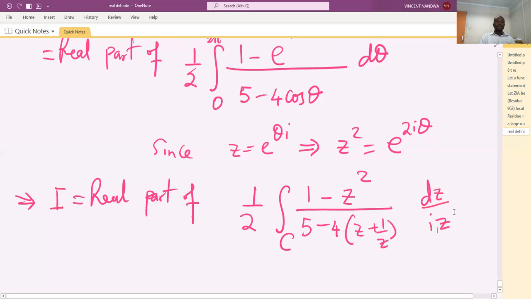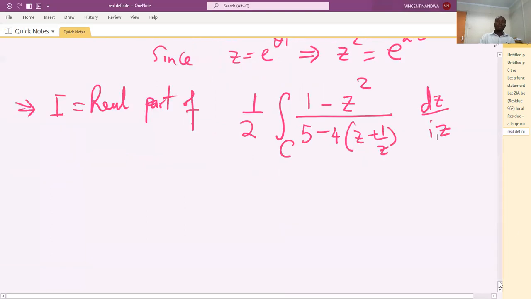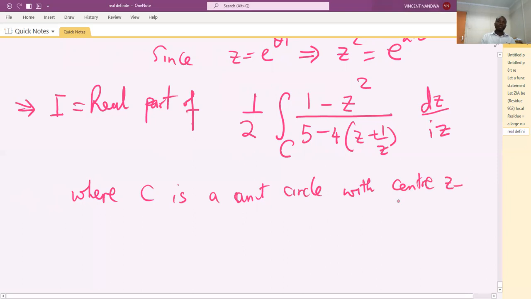And you specify that C is a unit circle with center z equals 0.